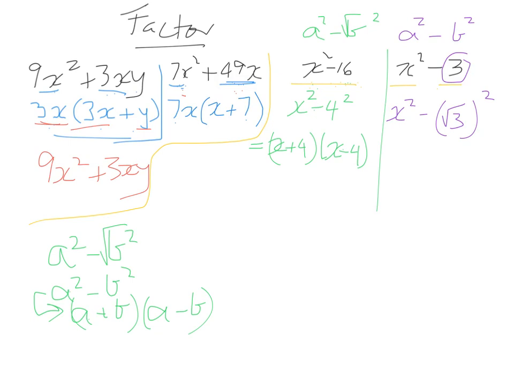So then from there we're left with x plus the square root of 3, and then x minus the square root of 3. So it doesn't matter what it looks like. If we've got a squared term, and we've got a numbered term, and we've got a minus in the middle, we can apply a difference of two squares.